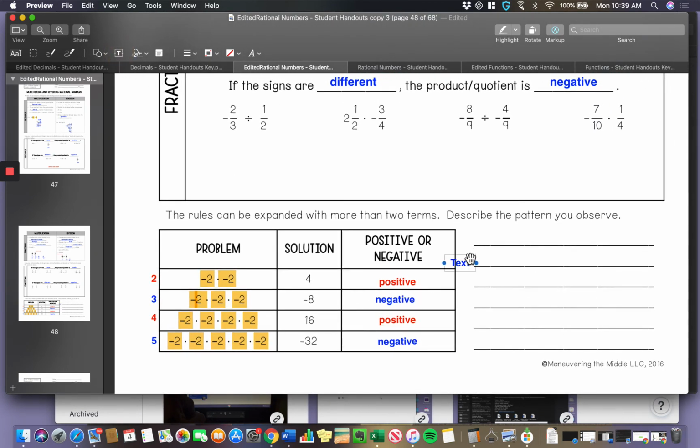So if I were going to describe it, I would say something like, if there are an blank number of terms, my answer will be blank.